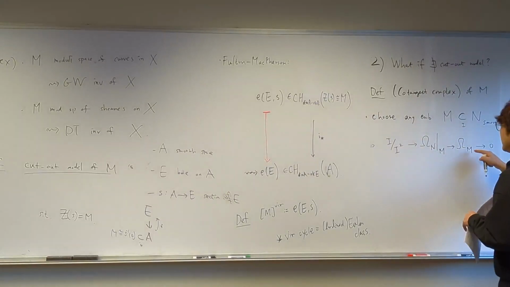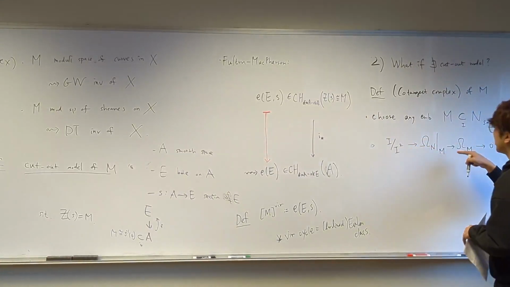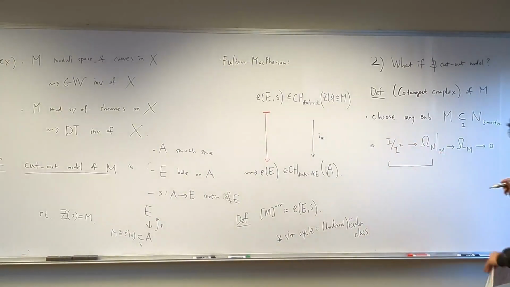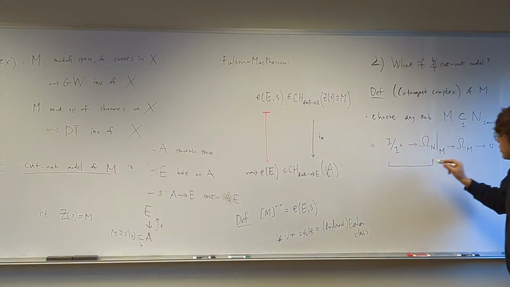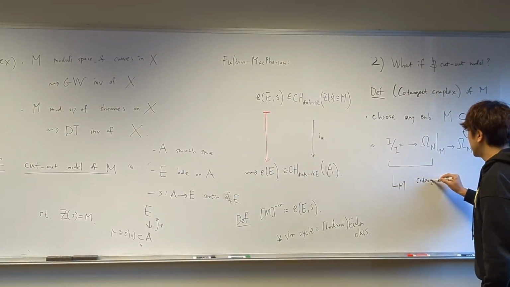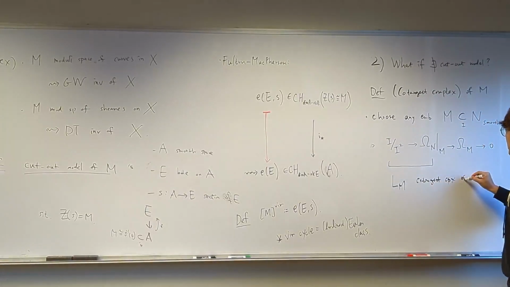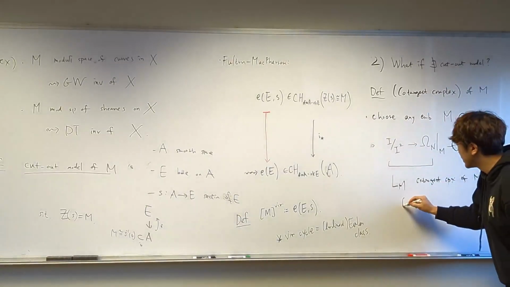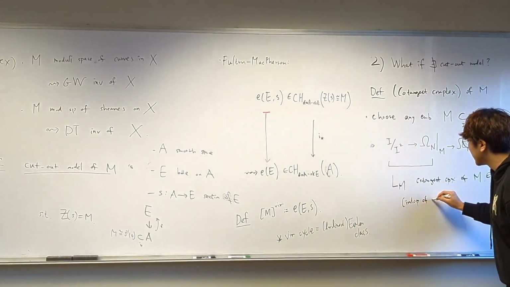So anyway, this is a two-term complex, although it may not be locally free. Let me denote this by L_M. This is really a complex in the derived category of M, and it is independent of the embedding.